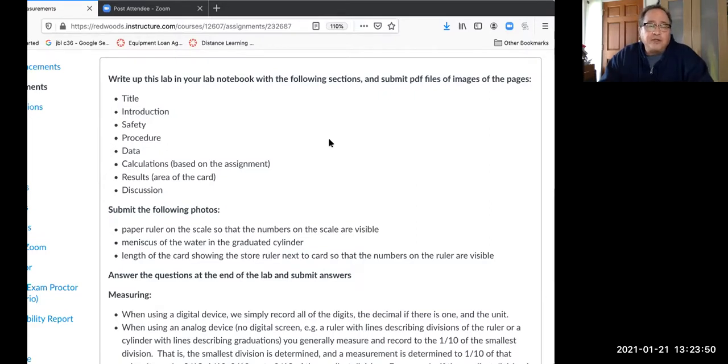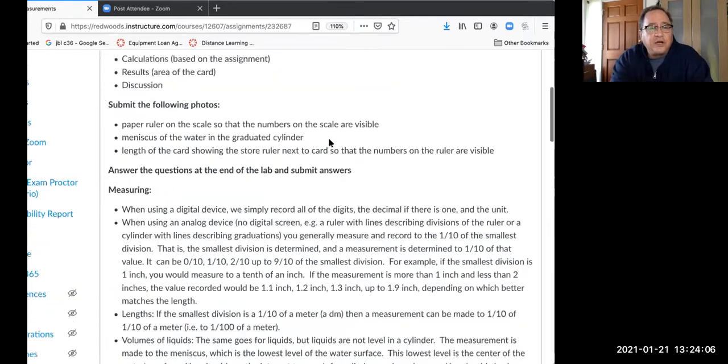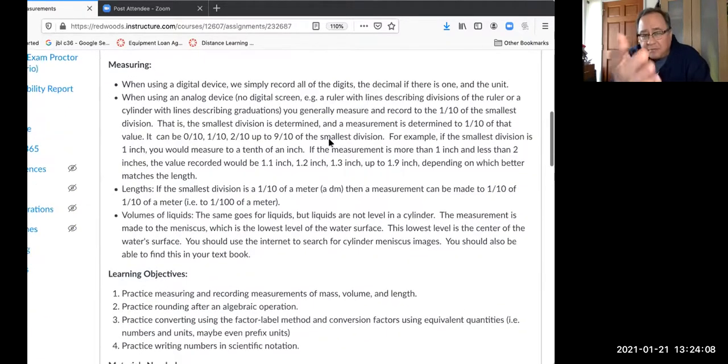So what you normally want to do is leave more than enough room to write the procedure down and then collect the data. If there's leftover room in between, that's okay. I'm going to skip calculations, results and discussion for the moment, and we're going to go to measuring.